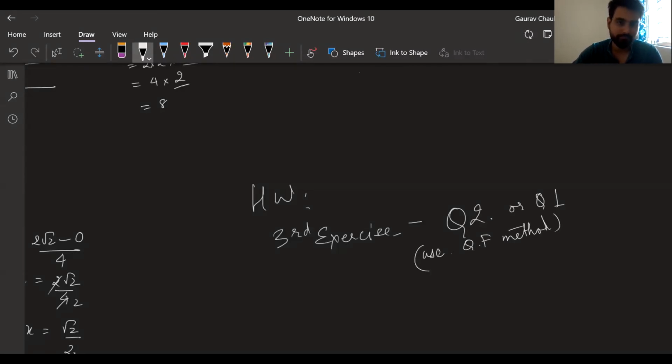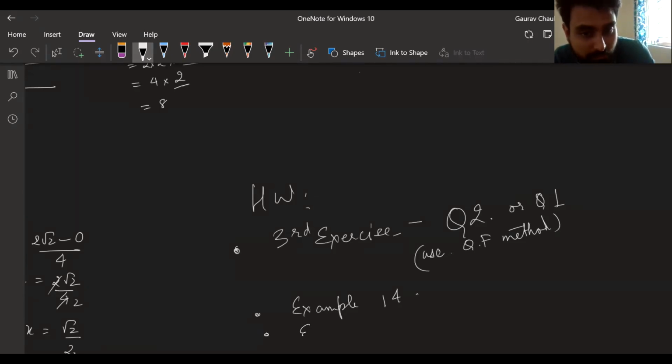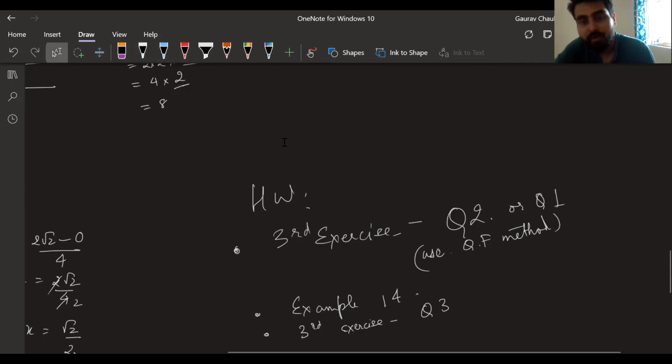And then you also have homework of example 14. After you do example 14, you must try the third exercise, question 3. It's the quadratic formula method, guys.